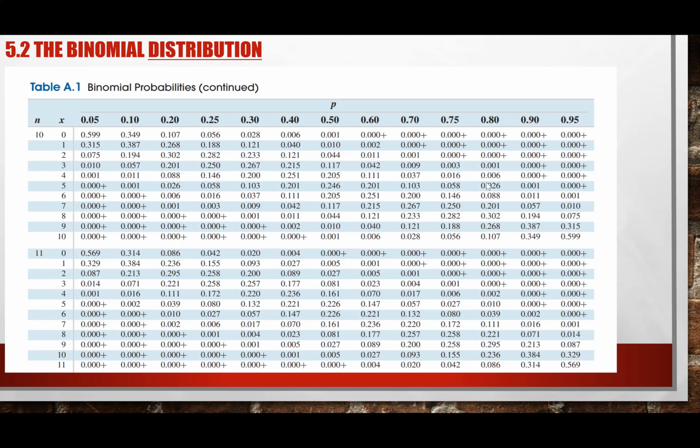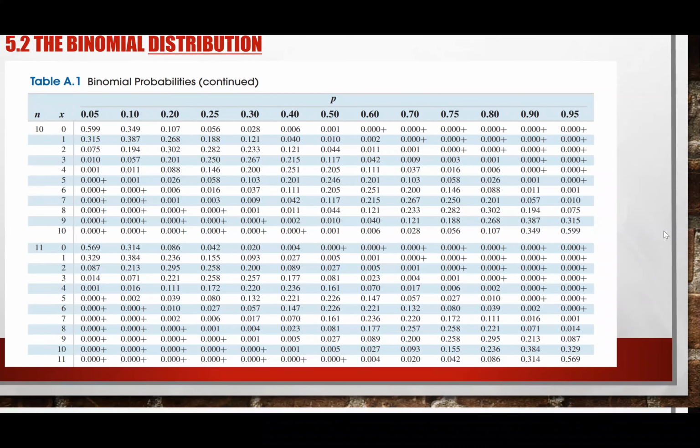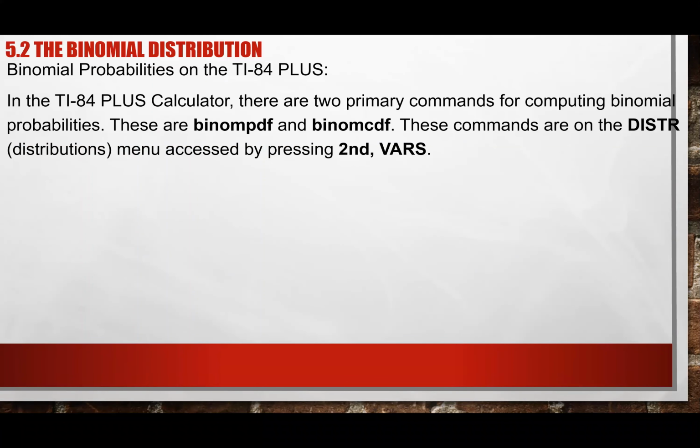So the last way to calculate this probability is using your calculator. In your calculator, there is a built-in formula, the formula that we did by hand earlier in our example 2.